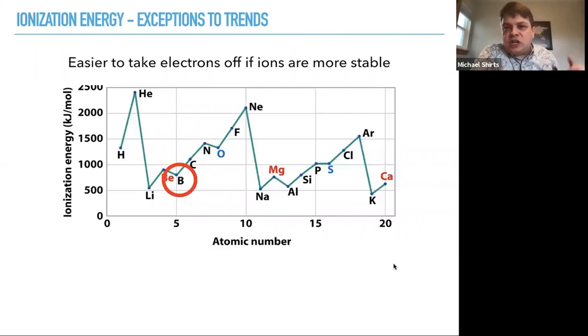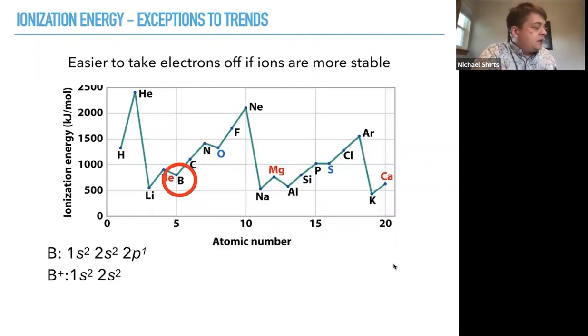So the general principle is it's easier to take electrons off if the ions are more stable. If you go to an unstable ion, it's going to take a lot of energy to get to that. It's going to be easier to take it off if you leave a more stable ion. So if we look at B+, which is what you get after the first ionization energy, that has a full subshell.